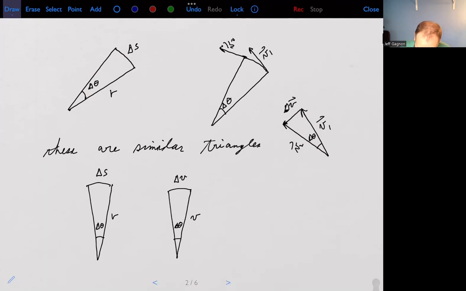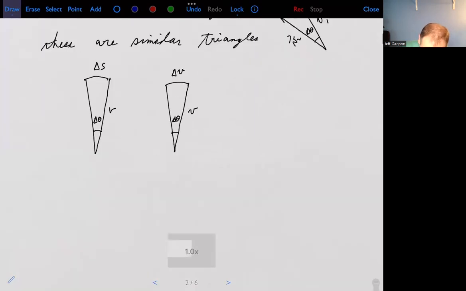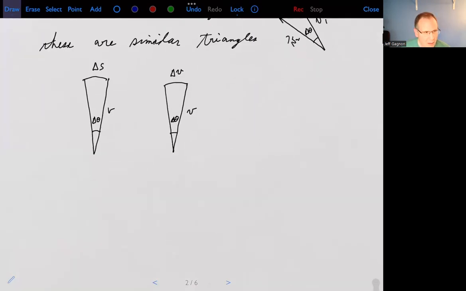So because these two triangles are similar, we know that the ratio of the corresponding sides are proportional, right? This comes from like an introductory algebra class or introductory geometry class. So if you have two similar triangles, then the ratio of their corresponding sides are proportional.